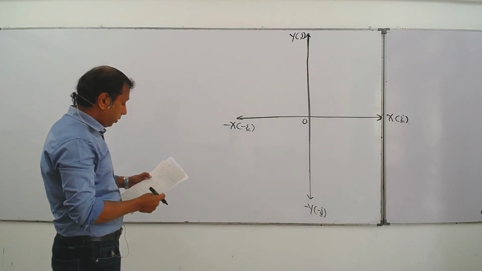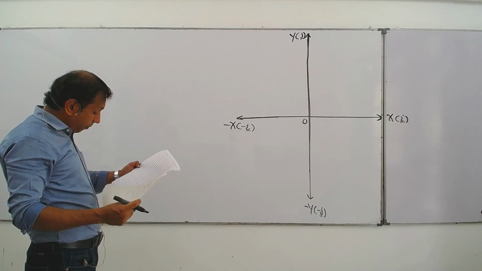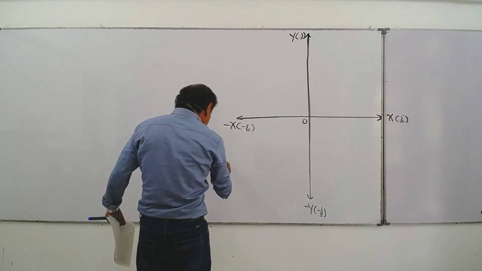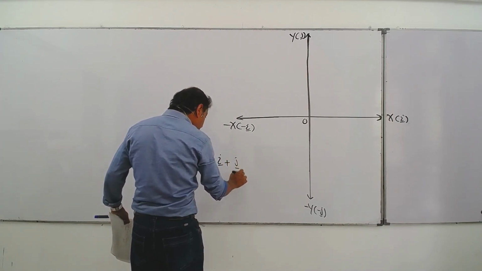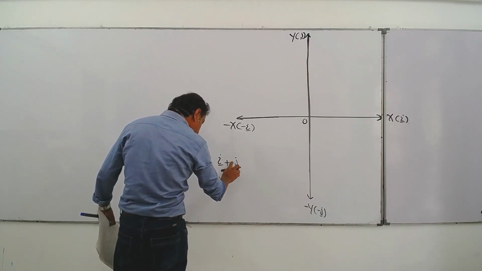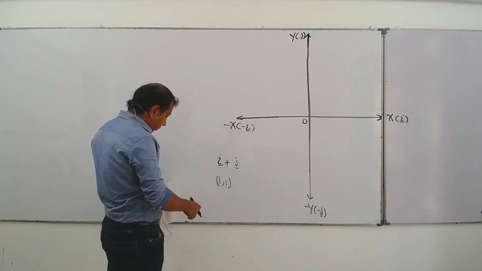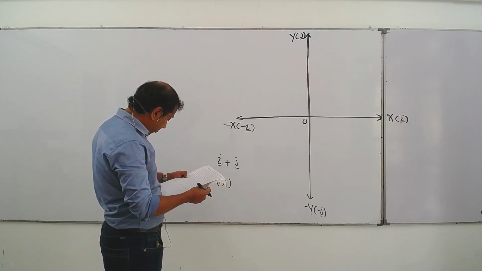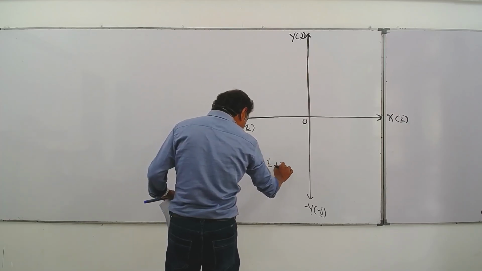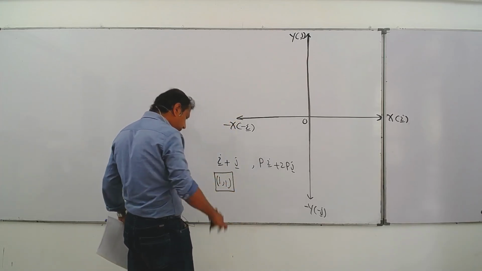Now, the first force is Pi plus 2Pj acting at the point I plus j. The point with the position vector I plus j means the I coefficient is 1, j coefficient also 1. Then 1 comma 1 is the point. Therefore, the first given force Pi plus 2Pj acts at this point.